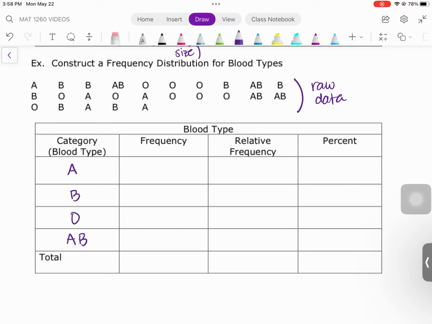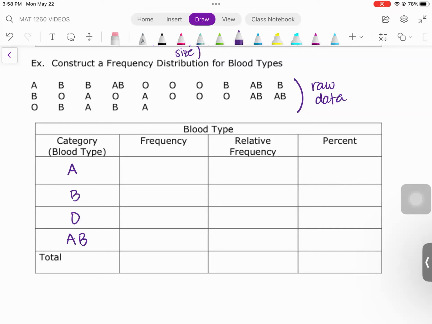Now with categorical data, a lot of times it does not actually matter what order we list our categories. So I just happened to list them in an order that made sense to me, but if you had it in a different order, that's fine too. Now there are special types of qualitative data or categorical data that we call ordinal, and that's qualitative data that has a particular order.